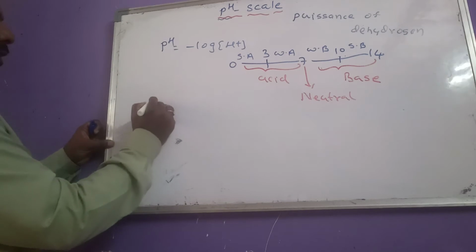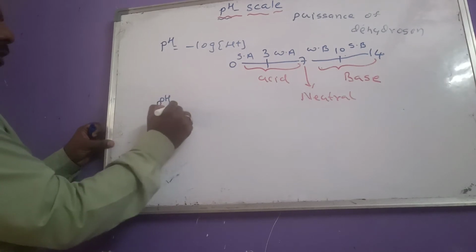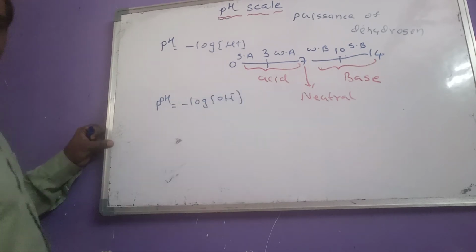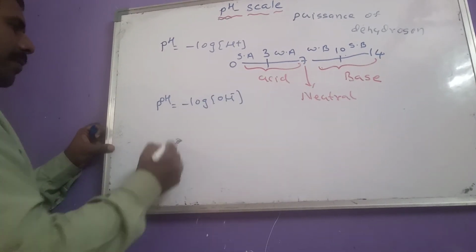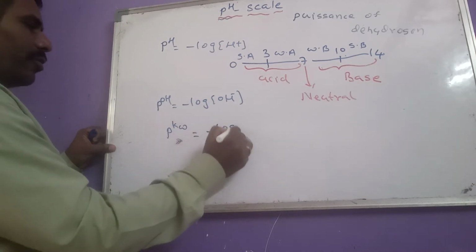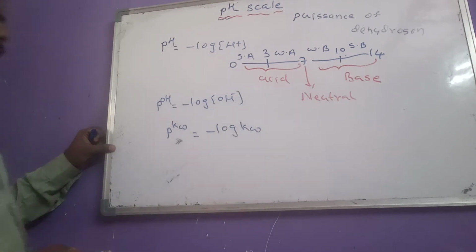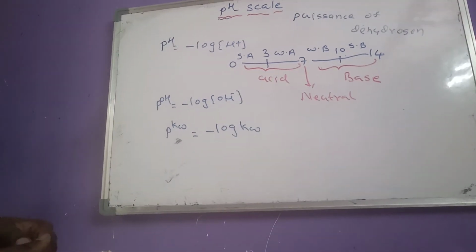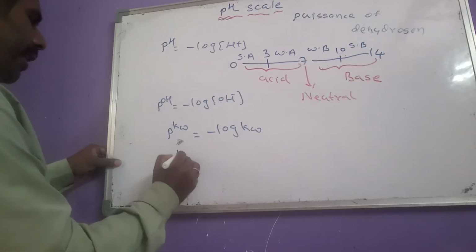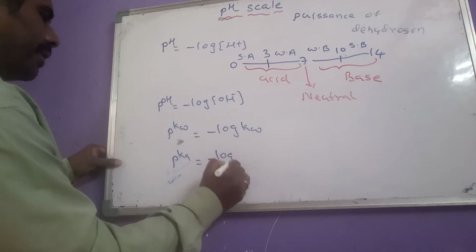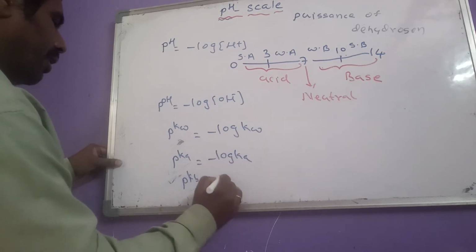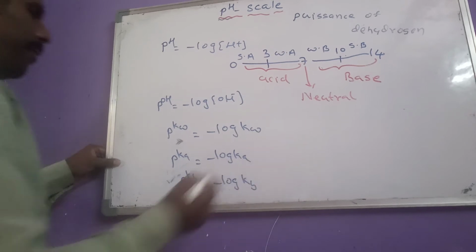What are the other expressions? pOH equals minus log of OH minus concentration. Similarly, pKw equals minus log of Kw. What is Kw? The ionic product of water. pKa equals minus log of Ka, pKb equals minus log of Kb.